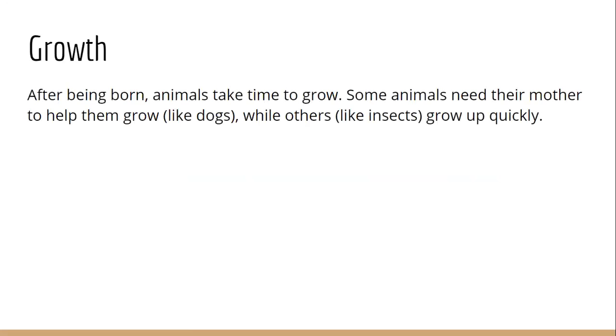Once they become a baby, they then grow. After being born, animals take time to grow. Some animals need their mother to help them grow, like dogs, while others, like insects, grow up quickly.